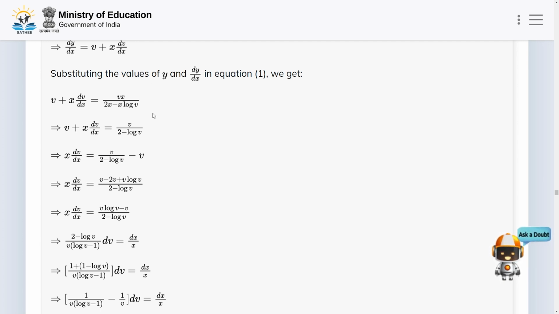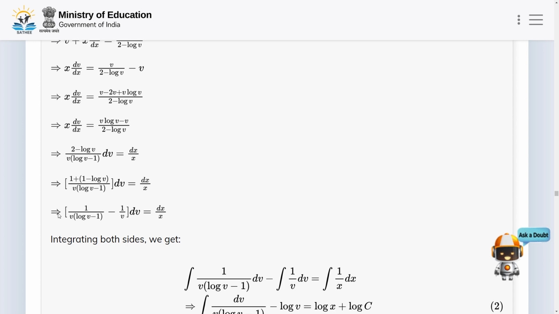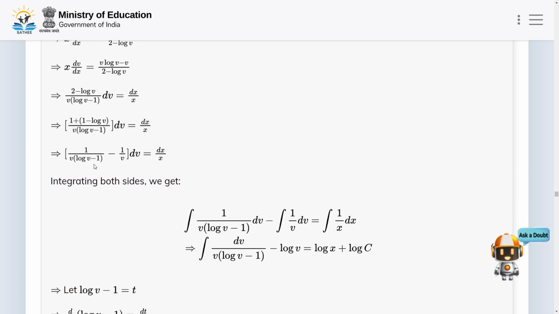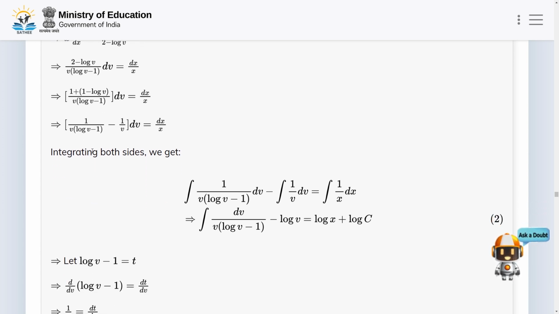Rearranging some terms and applying variable separation, you will have this as your expression. Now you can directly integrate both sides. Direct integration is quite easy. You have to substitute log v minus 1 as t, and this 1 by v dv can be replaced by dt. You know the direct integration for this, plus some constant in terms of log.